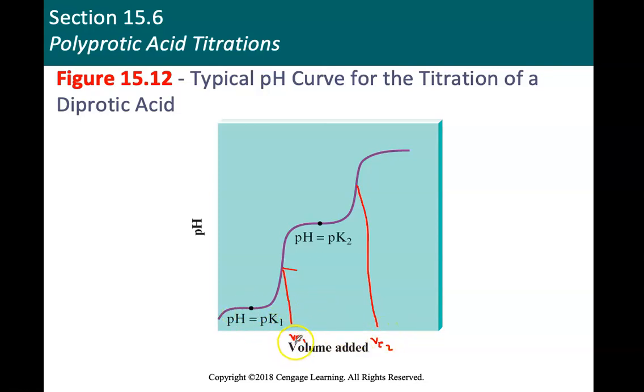But half of that, halfway between this and this, is right here. That's where the concentrations of the conjugate base and the acid are equal, so pH is equal to pKa1. And likewise, pH is equal to pKa2 here.